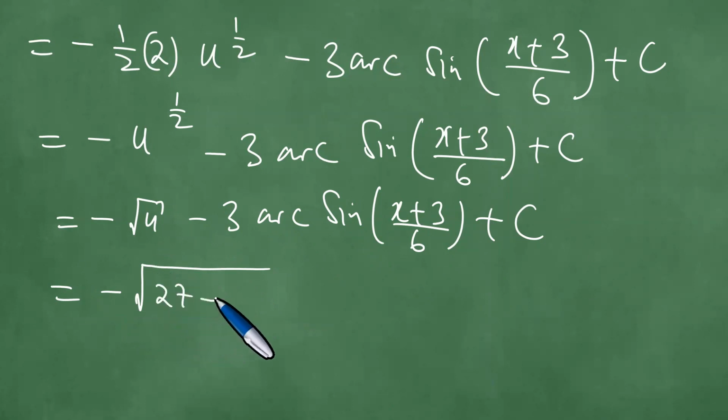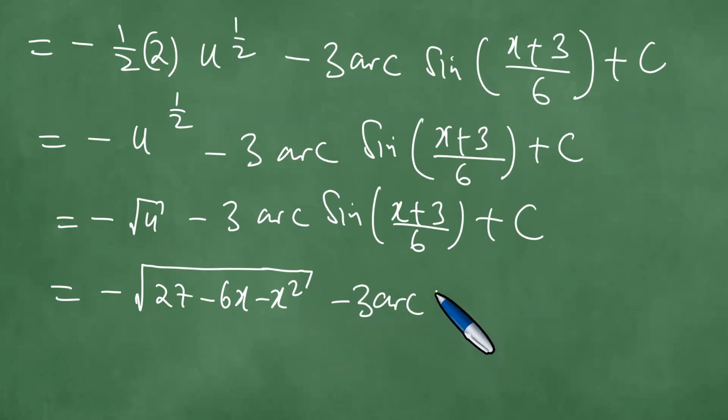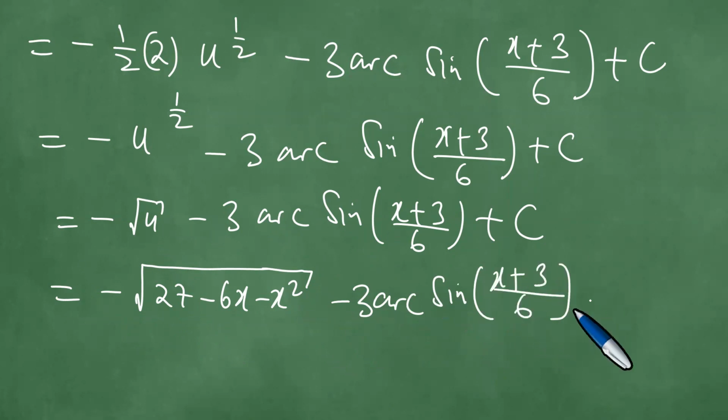It is 27 minus 6x minus x squared, minus 3 arc sine x plus 3 out of 6 plus c. And so this one here is the result.